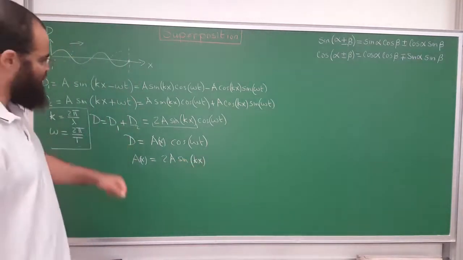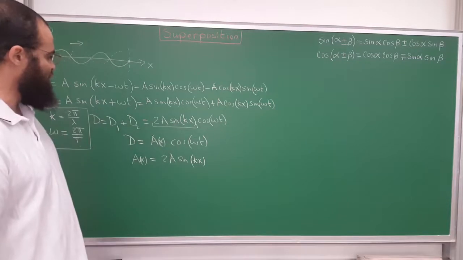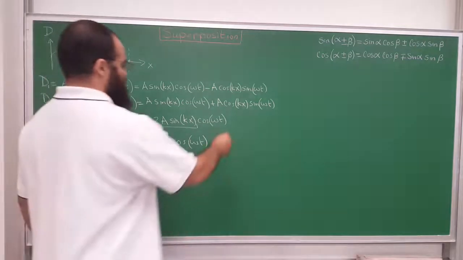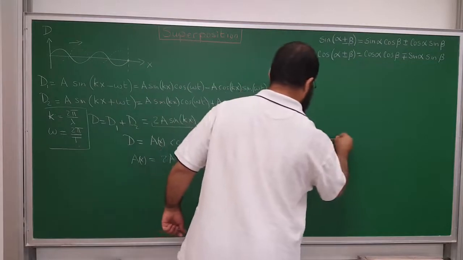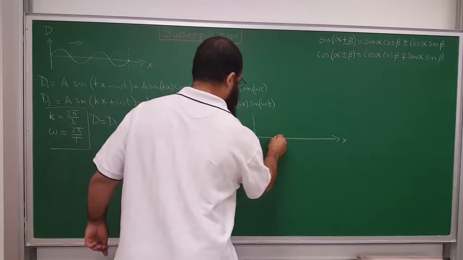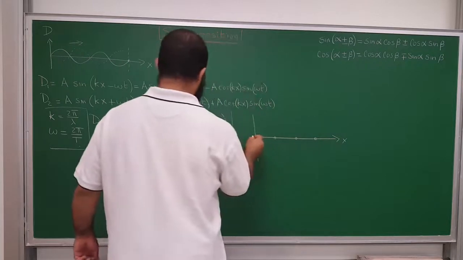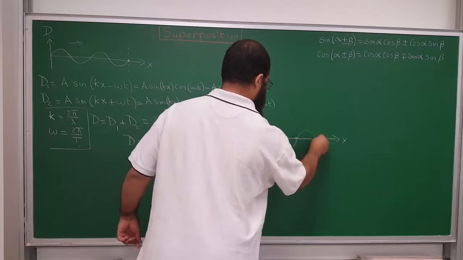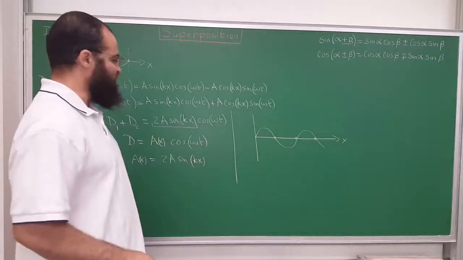Now, what are the properties of this wave? Well, this wave is 0 whenever kx is equal to a multiple of pi. So if you were to plot it as a function of x, you would have the wave doing like this at time t equal to 0.